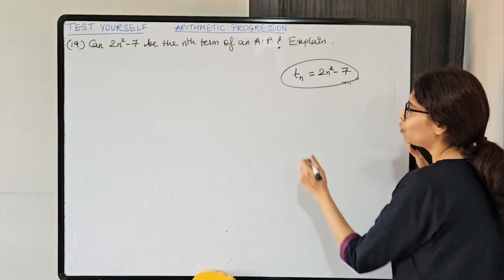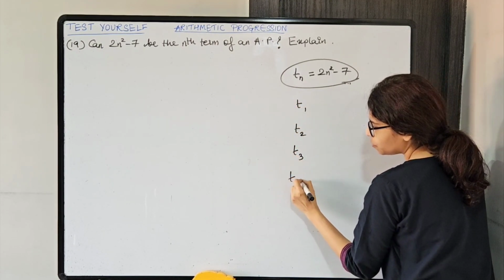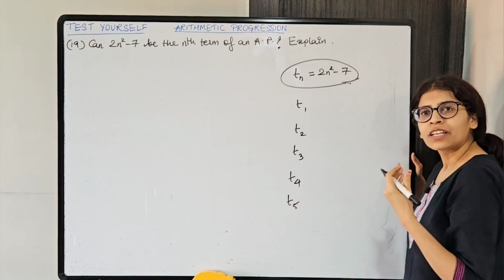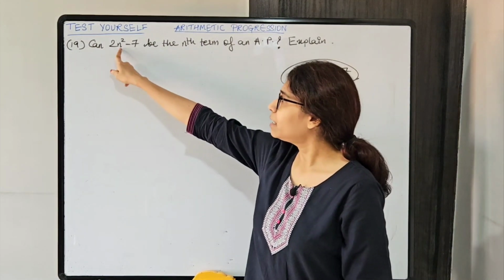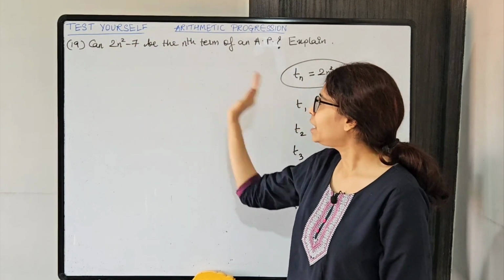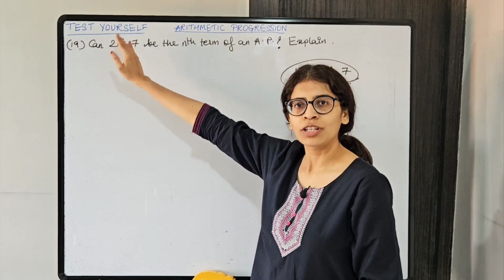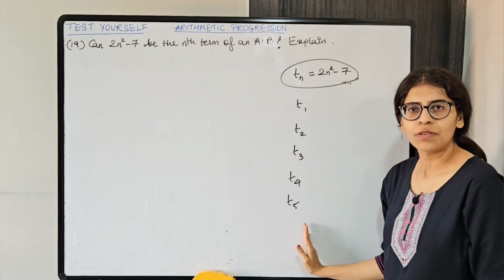Okay, तो you will find out first 5 terms of the AP. Very easy. T1 find out करने के लिए n की जगह पे 1 पुट करो, सॉल्व करो, T1 मिल जाएगा. सेम वे T2 फाइंड आउट करने के लिए n की जगह पे 2 पुट करो, सॉल्व करो, T2 मिल जाएगा. तो फर्स्ट 5 टर्म्स मिल जाएगा.